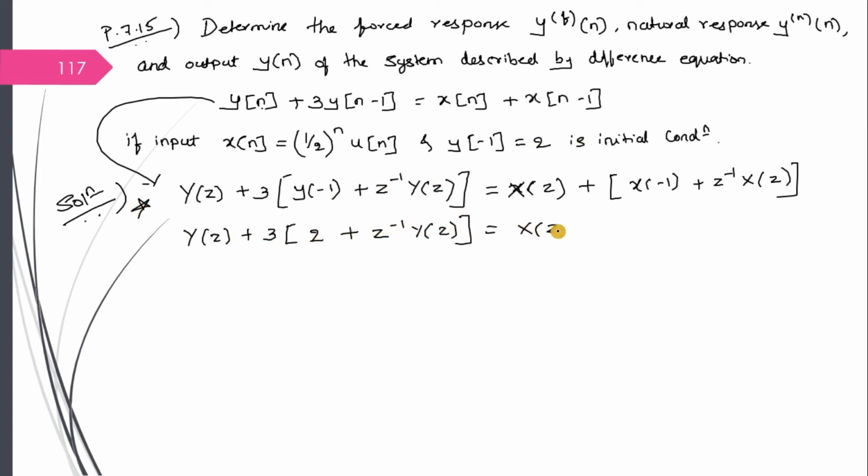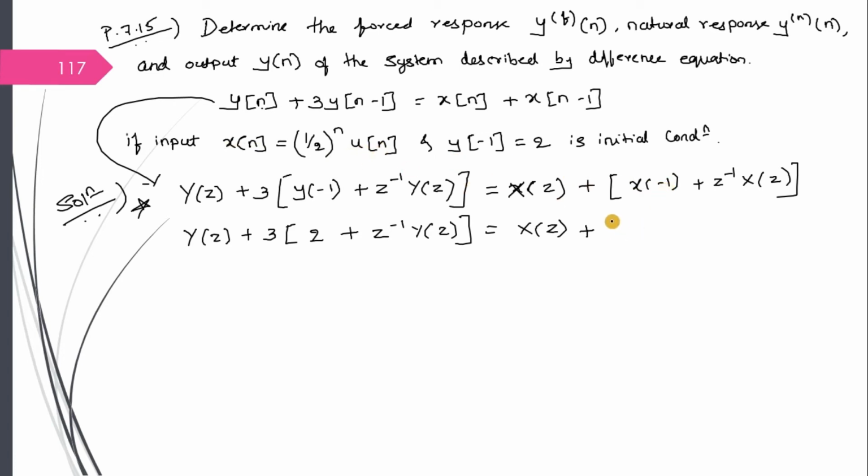This is equal to X of z plus x of minus 1. So x of minus 1, initial condition is not specified, and here x of n is u of n. U of n means it exists only for n greater than or equal to 0. This is n less than 0.